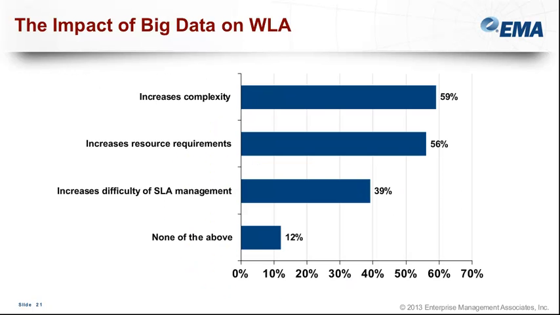And here's the confirmation for what we've always believed: big data projects radically increase workload automation complexity and resource requirements, and in general, the difficulty of managing service level agreements. And again, it's interesting to look at this from the bottom, where you can see that only 12% of organizations believe that big data has no impact on workload automation.